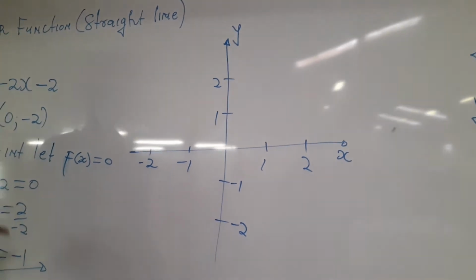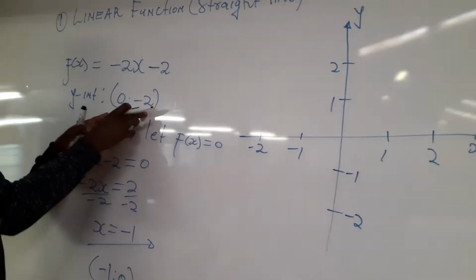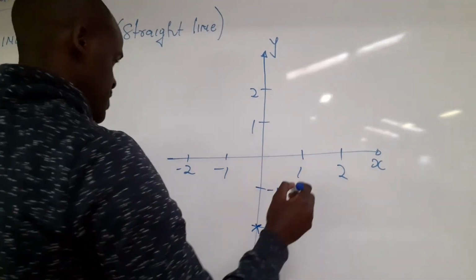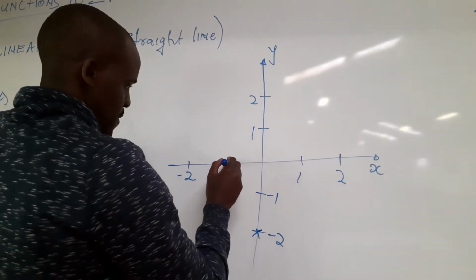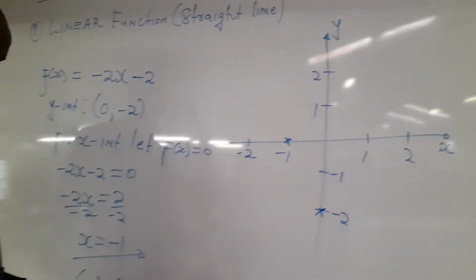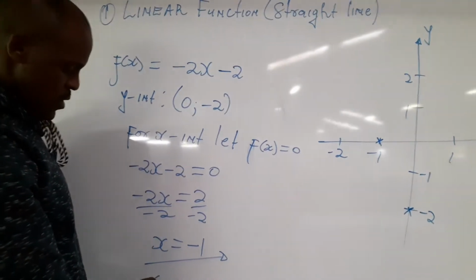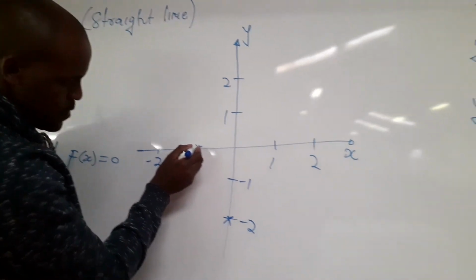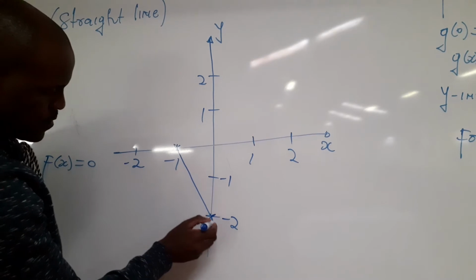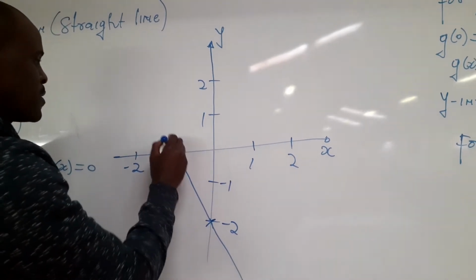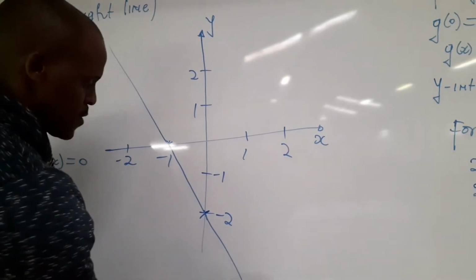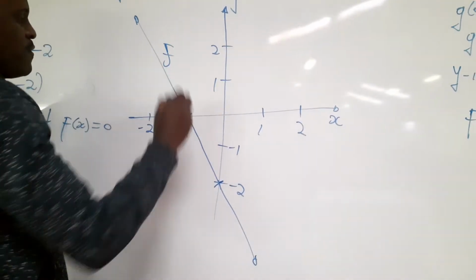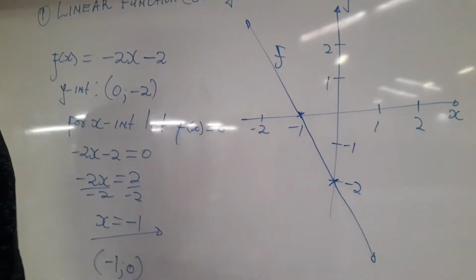Right, let's look at our y-intercept. Our y-intercept is negative 2. And then the x-intercept is negative 1. And then we join the 2 points. That's how our function will be looking like.